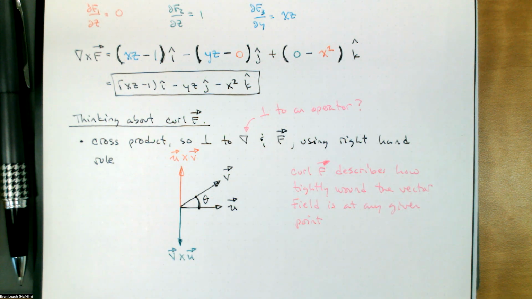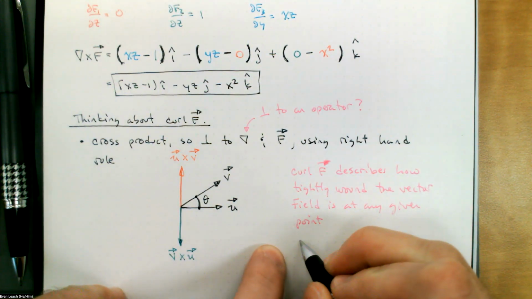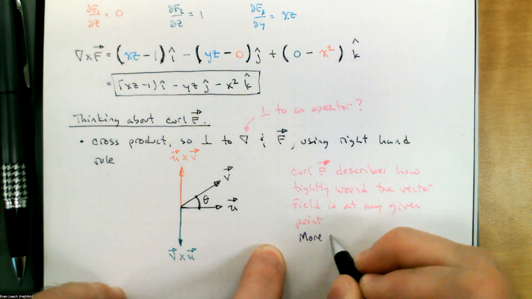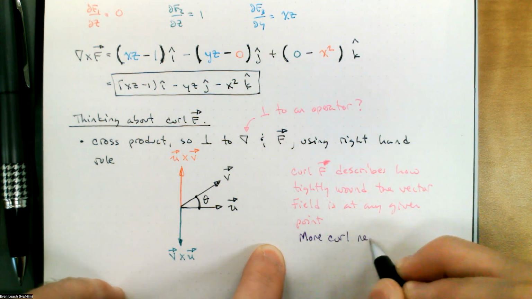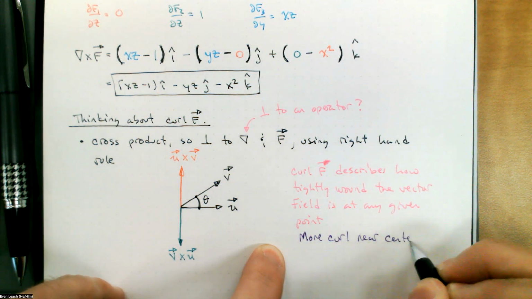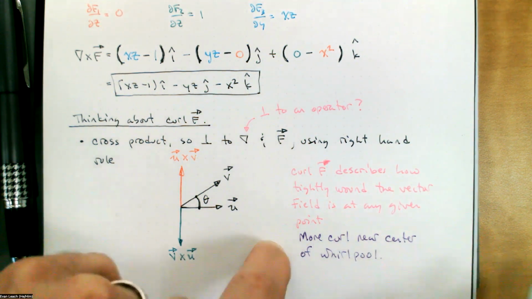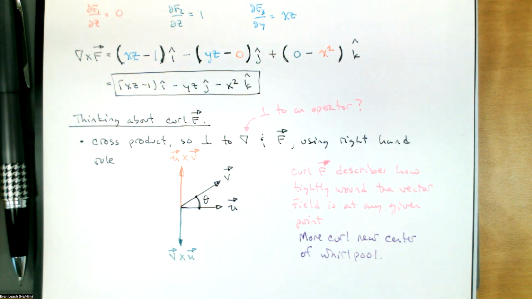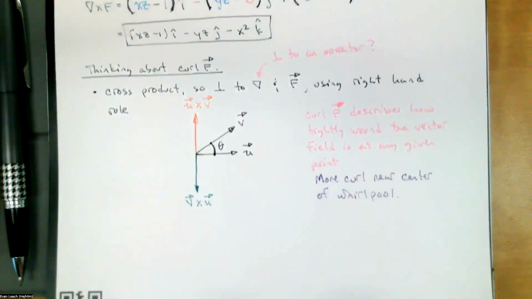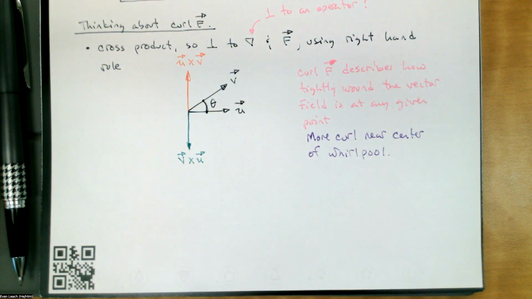Think about more curl near the middle of the whirlpool. How spinny is the vector field.